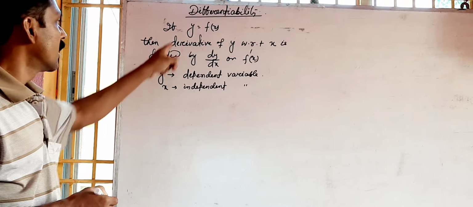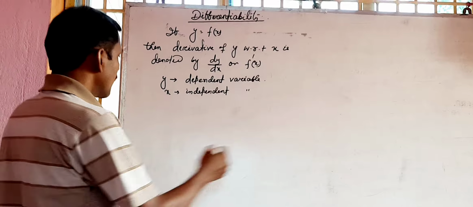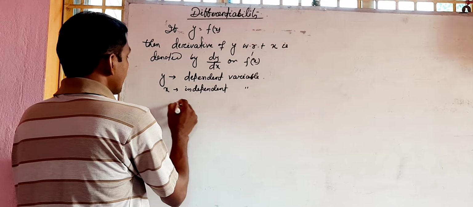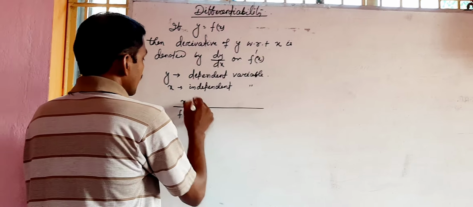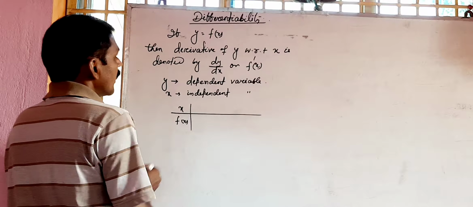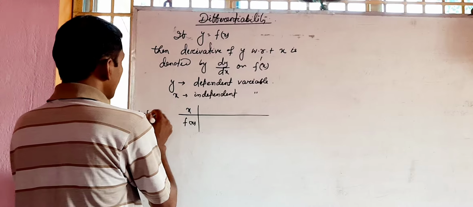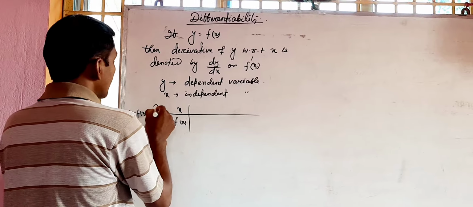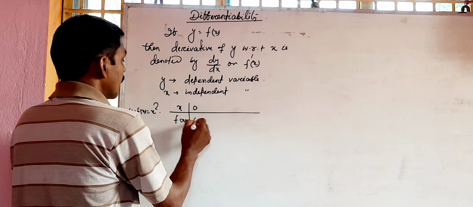Why? Because y depends upon x. Suppose y equals f of x equals x squared. Then if we take x equal to 0, it will be 0.